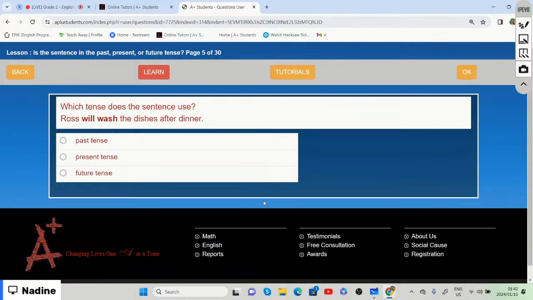Ross will wash the dishes after dinner. So will wash, especially if you look at the word will, is this in the past tense, the present tense, or in the future tense?